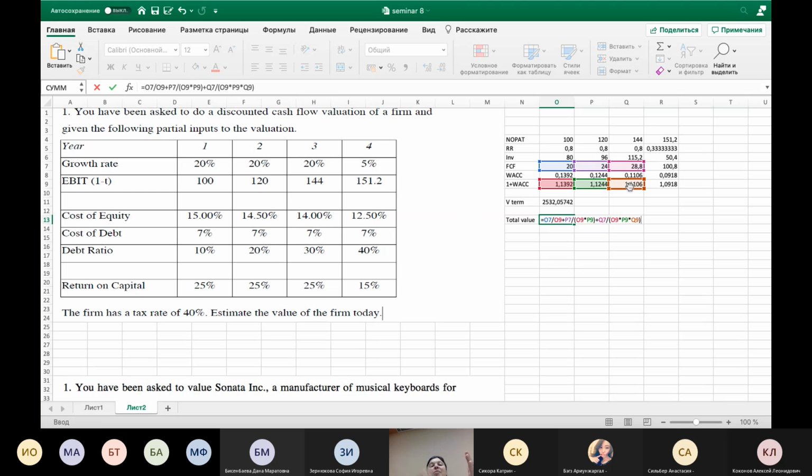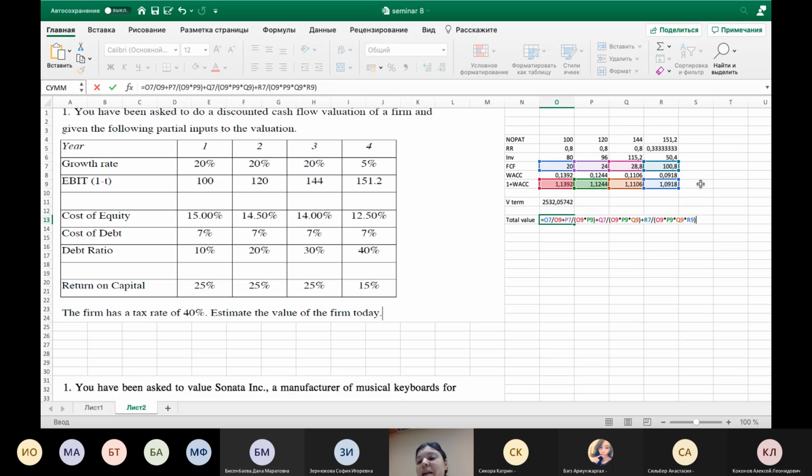And plus free cash flow of the fourth period divided by the same, 1 plus the first rate, multiplied by the second, third, and fourth discount factors.